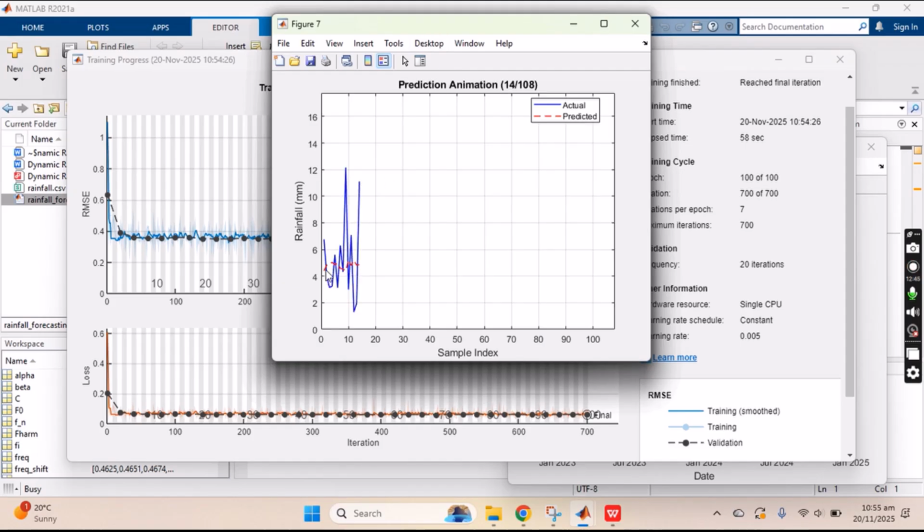See, these are the prediction values. The predicted rainfall is shown as red dotted lines, and the actual is basically this rainfall.